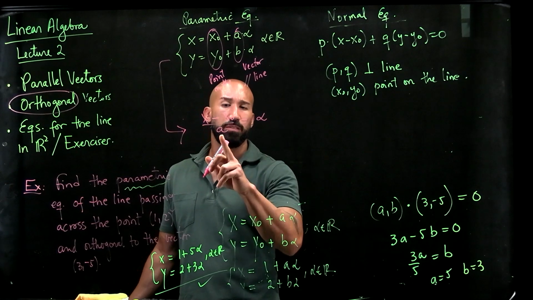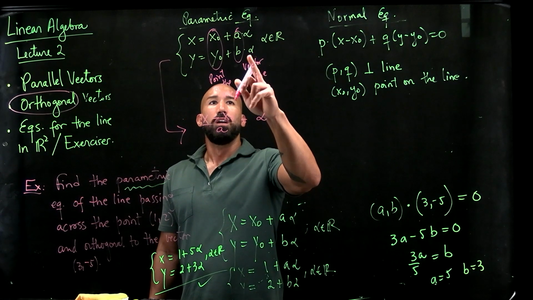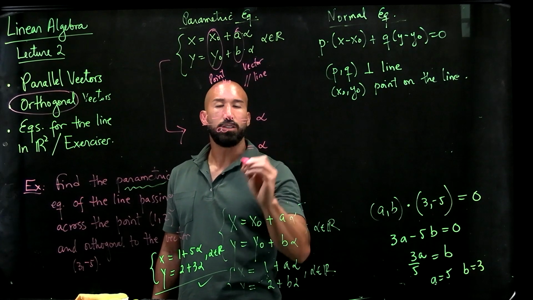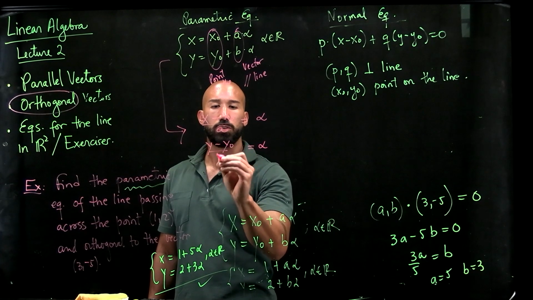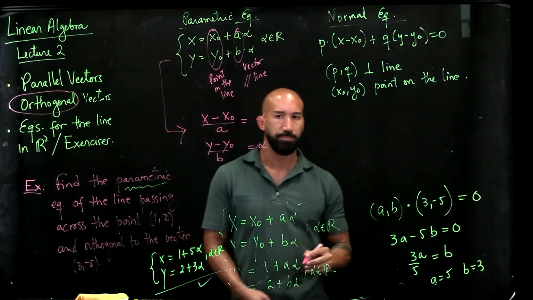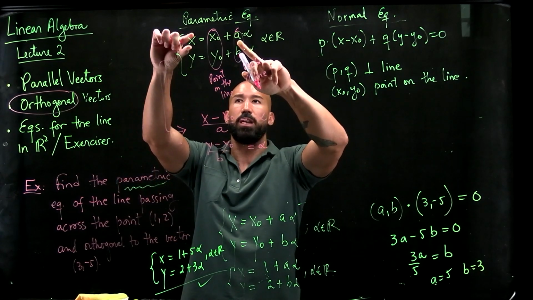Obviously, I can do that if a is different from 0. And alpha is also equal to (y minus y0) divided by b.